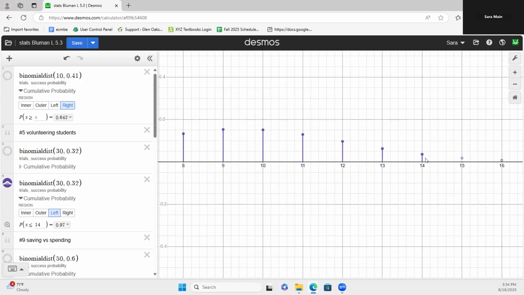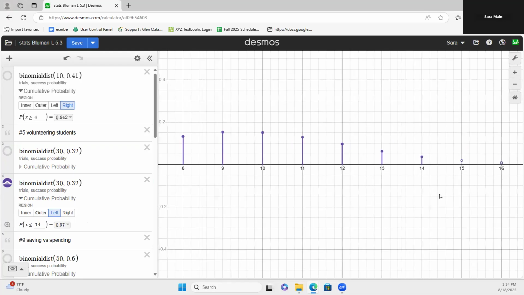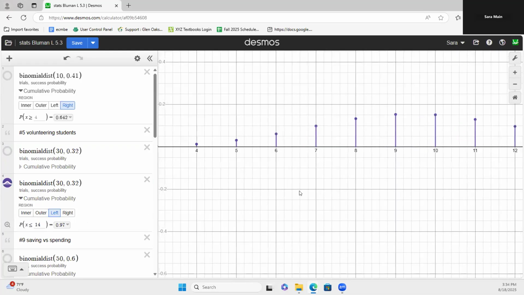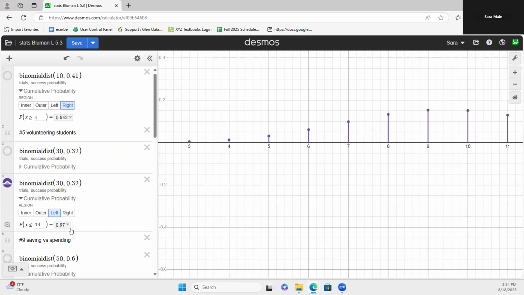And you'll see that we're including 14 because all the ones we're including have a solid circle here. We're not including 15, 16, and beyond. And so that probability is right here at 0.97. 4 decimal places would be 0.9695.